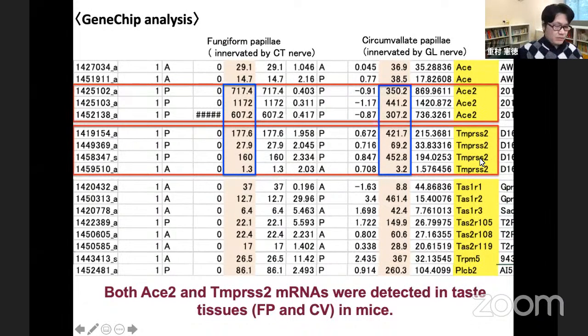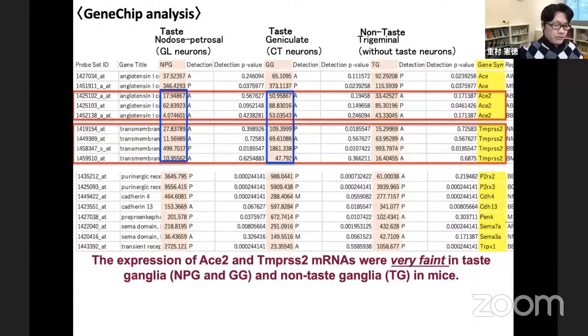Similarly, TMPRSS2 messenger RNA was also positively expressed, PPP. Next, looking at the data in the three ganglia, ACE2 messenger RNA was negatively expressed in all ganglia. AAA means absence. Similarly, expression of TMPRSS2 was also very faint, AAPA.